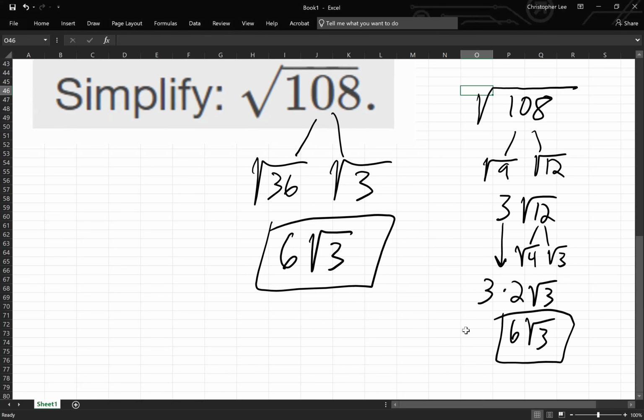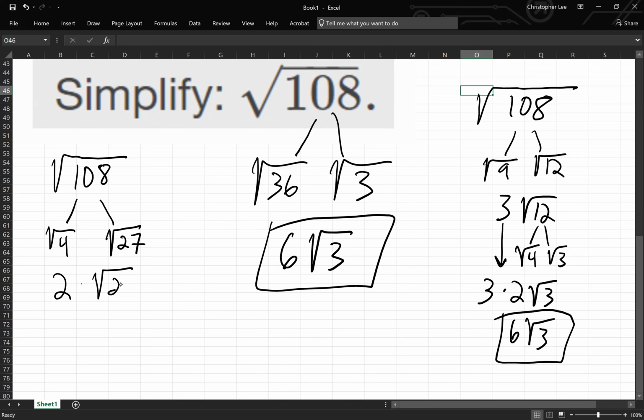Okay. So the question is, what happens if we did square root of four? This would be square root four times what is 108 divided by four? So 27, right? And then square root of four is just two. So now you have square root 27.